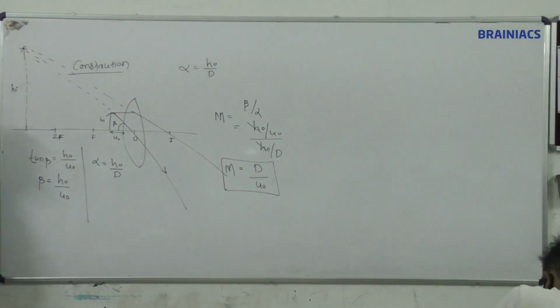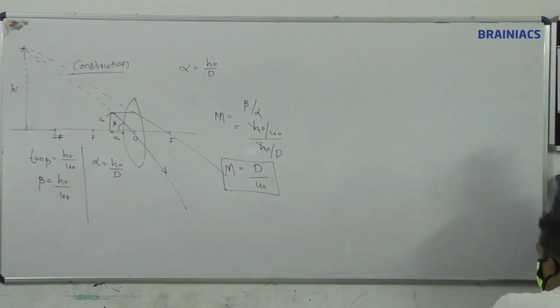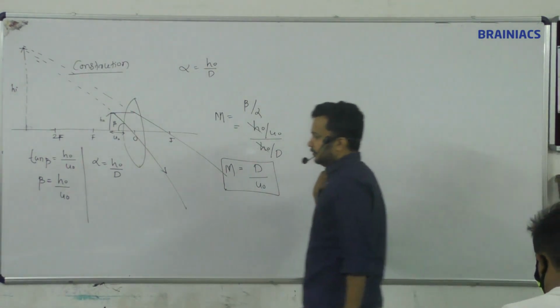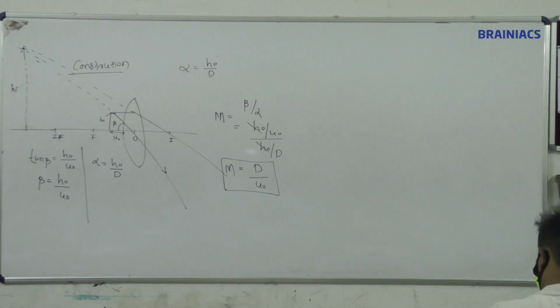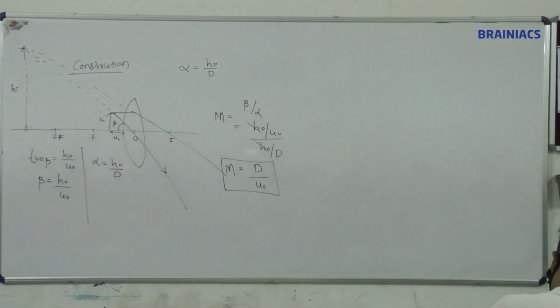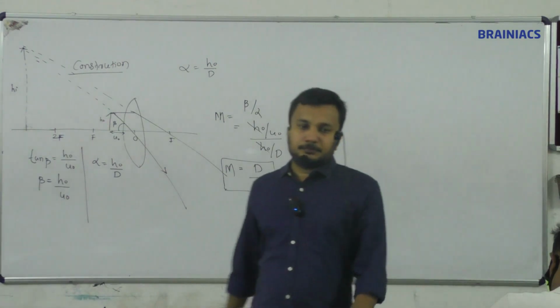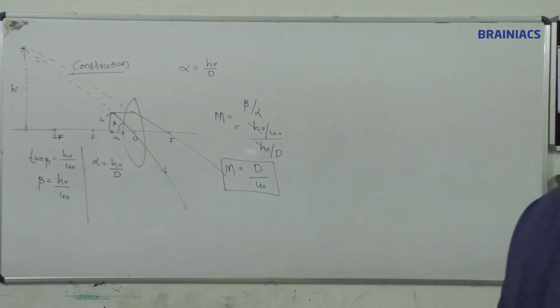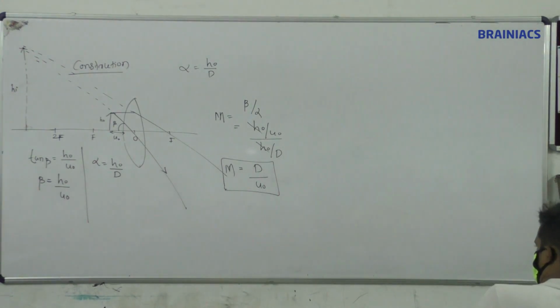Object placed between O and F. Image formed is virtual, enlarged or zoomed, but erect, and its magnification is D by u0. Between 2f and f1.